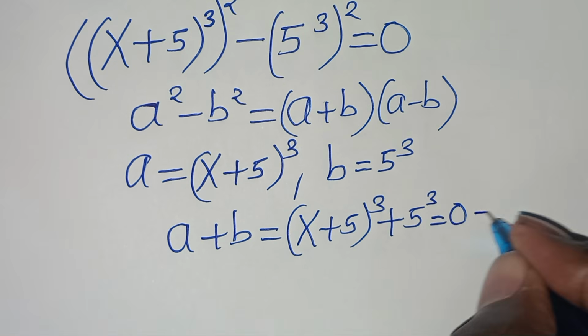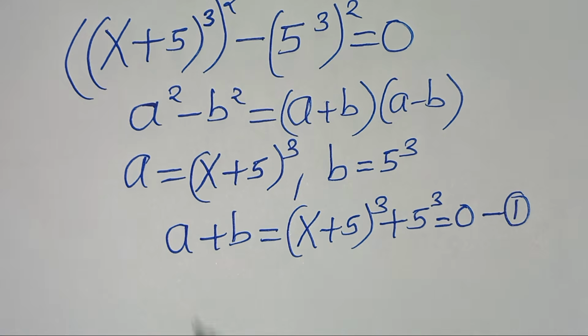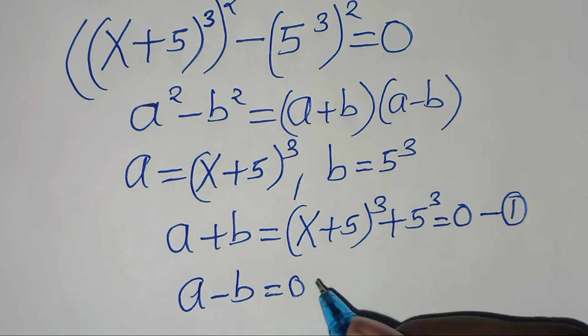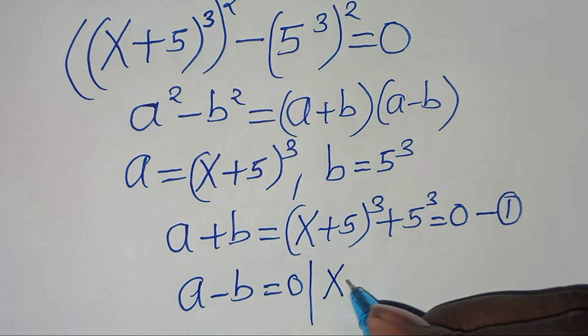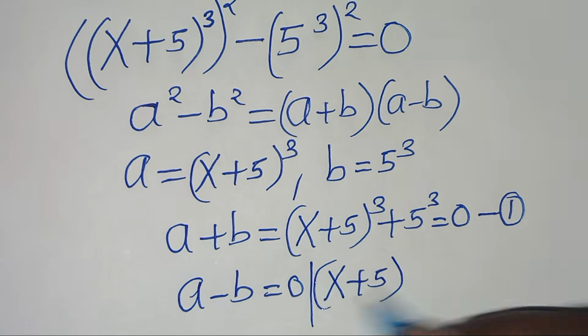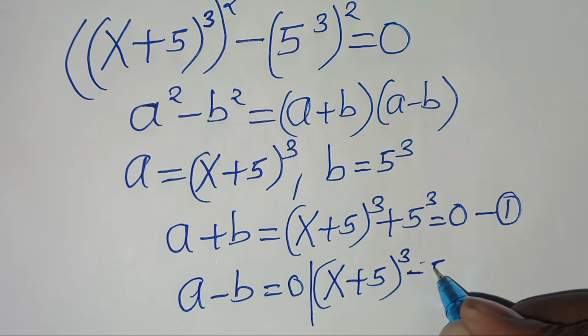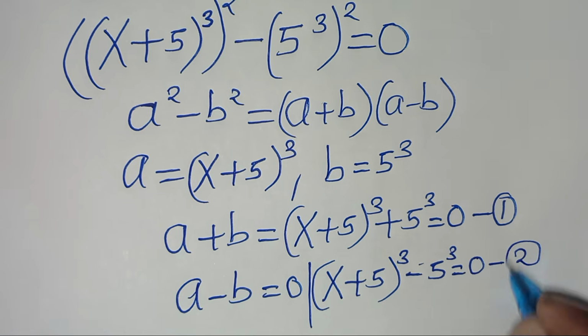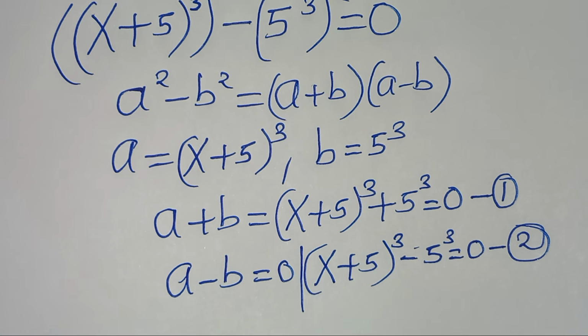Let's call this case 1. Then we have a - b equal to 0, which is the same thing as (x + 5)^3 minus 5^3 equal to 0. Let's call this case 2. So let's start with case 1.